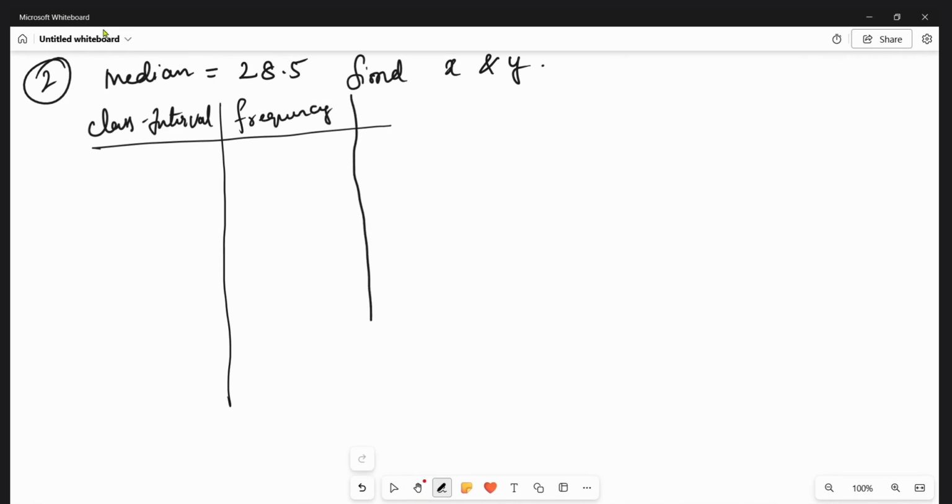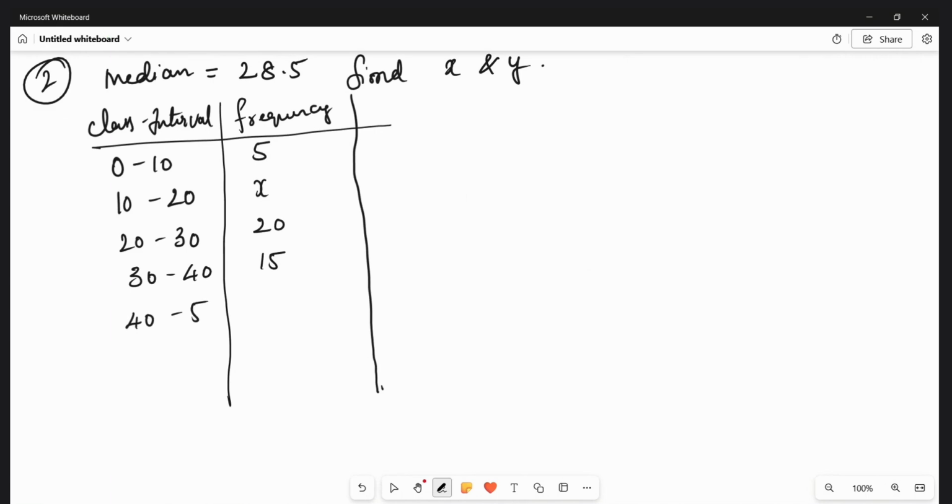So you have to find the missing frequency here. 0 to 10, frequency is 5. 10 to 20, frequency is x. 20 to 30, it is 20. 30 to 40, it is 15. 40 to 50, it is y.